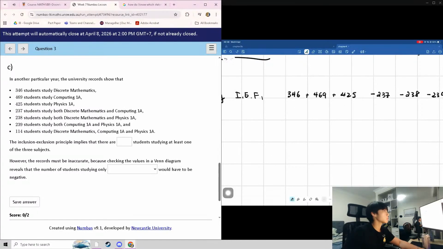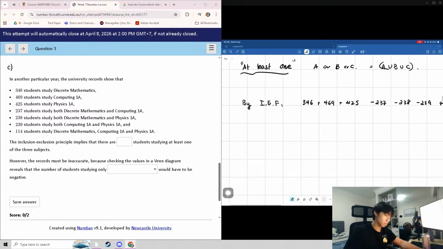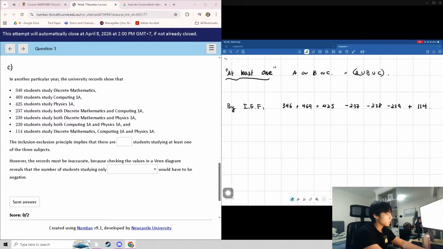Okay, I can't compute this in my head, so we're using decimals. 346 add 469 add 425 minus 237 minus 238 minus 239 plus 14 gives 640 students.